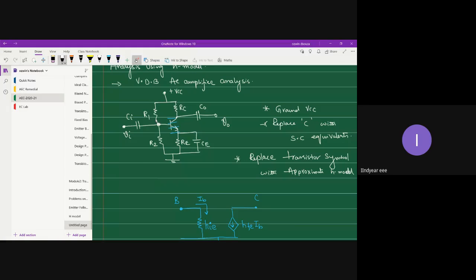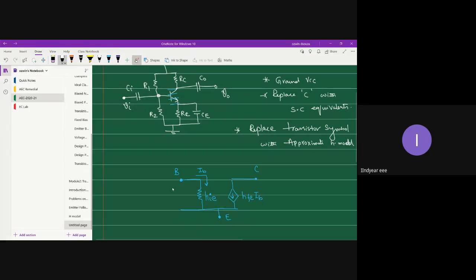So each of R1 and R2 gets connected to the base terminal. So let's connect. This is your, say, R2, and this is your, say, R1. Okay, so it's connected to base, and the remaining terminal is connected to ground.